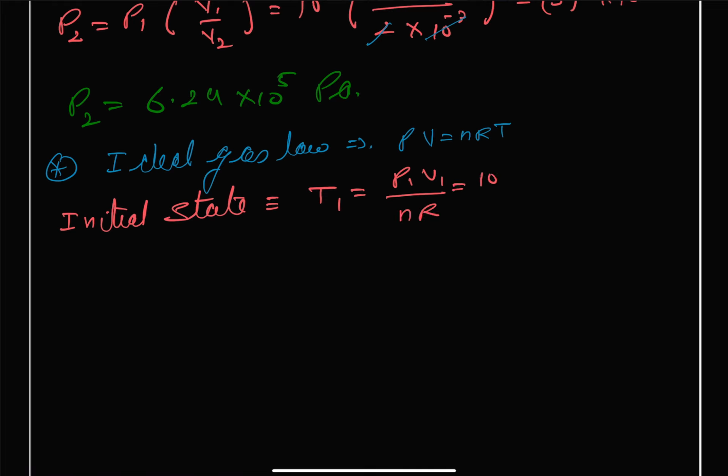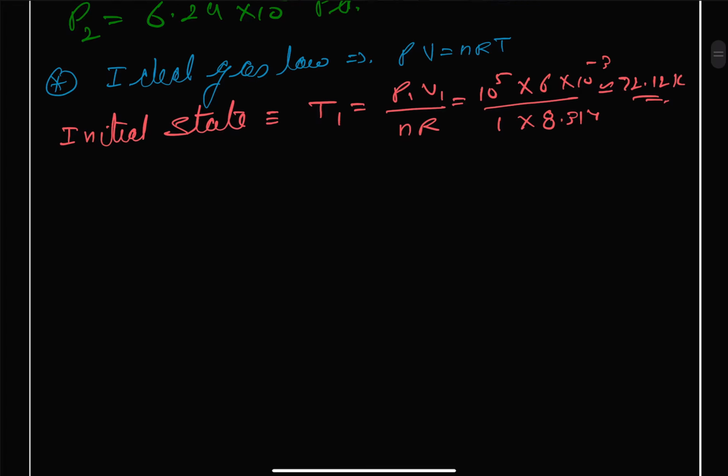This comes as 10 to the power 5 times 6 into 10 to the power minus 3, n is 1, and our universal gas constant is 8.314. So this comes approximately equal to 72.12 Kelvin. We come to the final state.